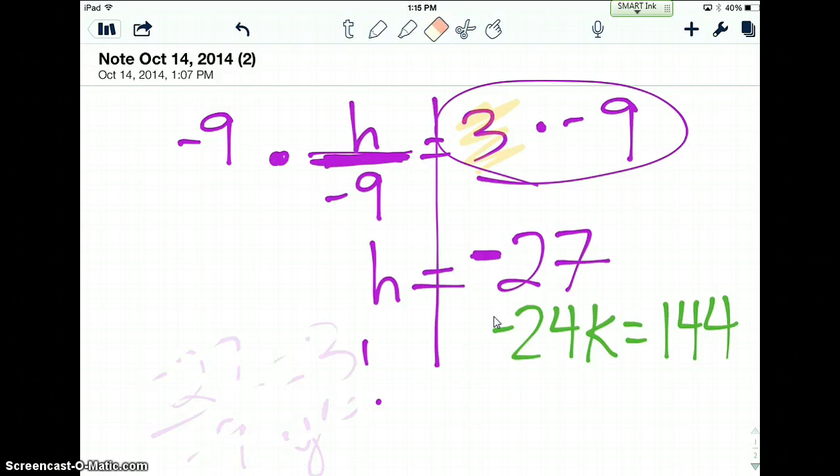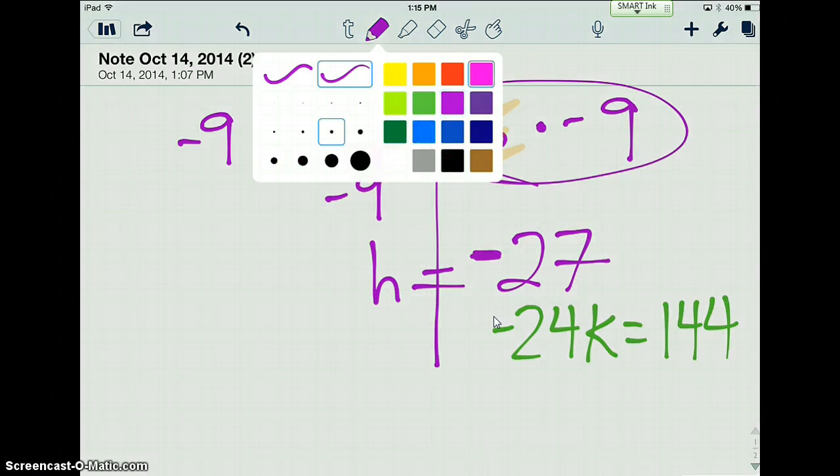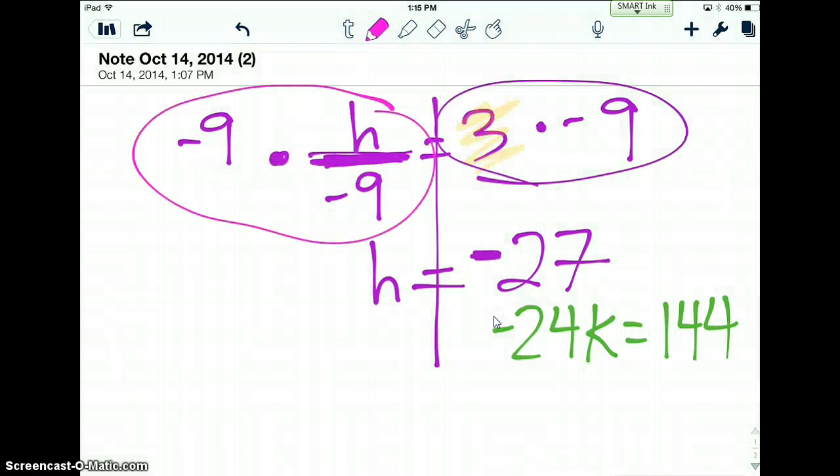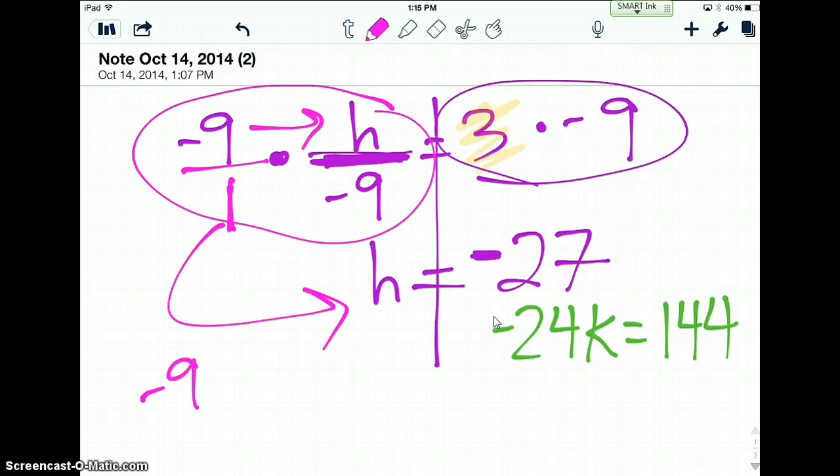The hard part to see, you guys, is the reason why this works on the left side. How the heck does this simplify down to just h? Well, that's why I'm here for you. This is why. Because negative 9, if we multiply by it, negative 9 as a fraction is negative 9 over 1. So really here we have negative 9 times h over 1 times negative 9.